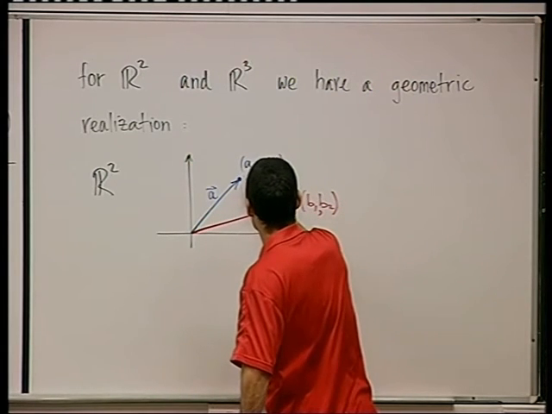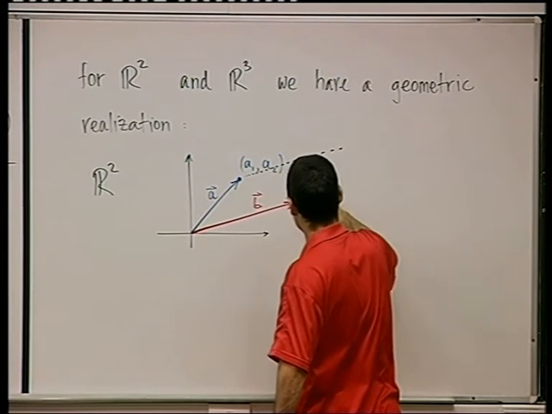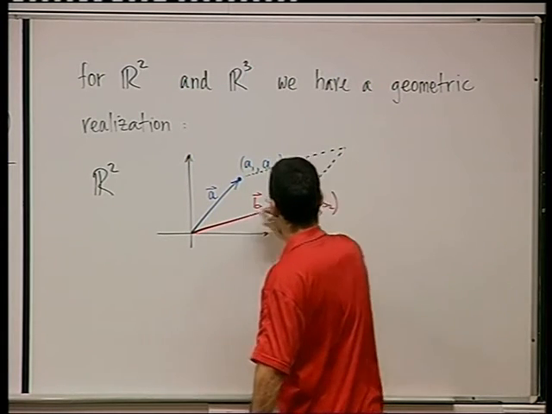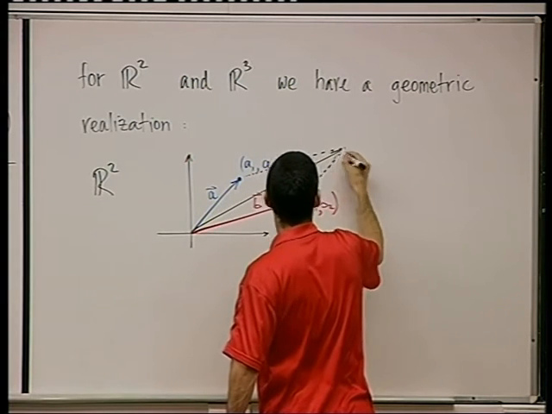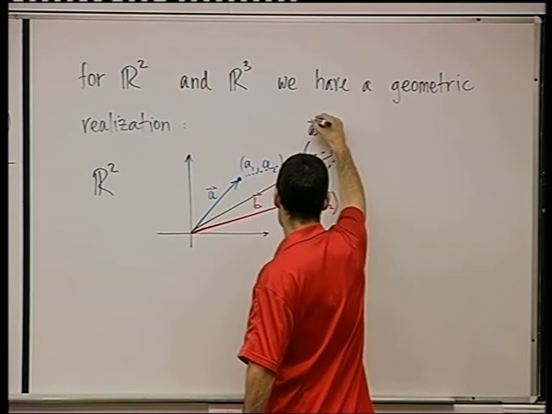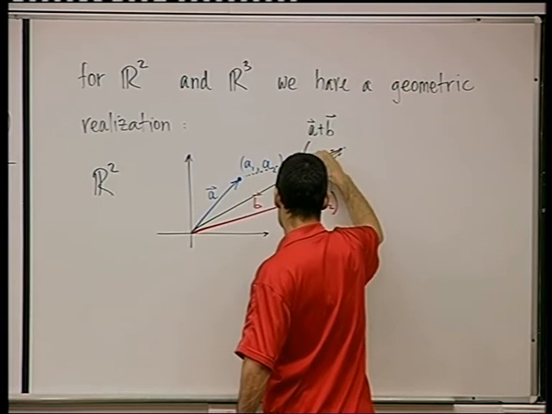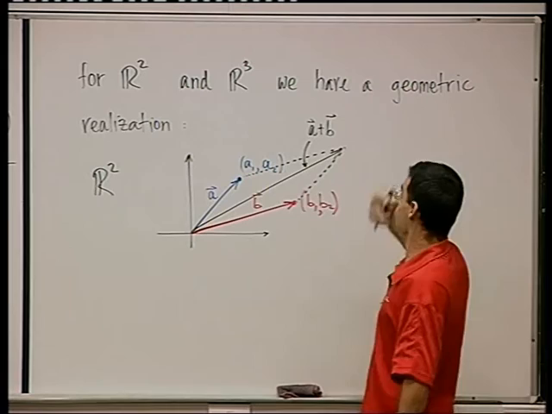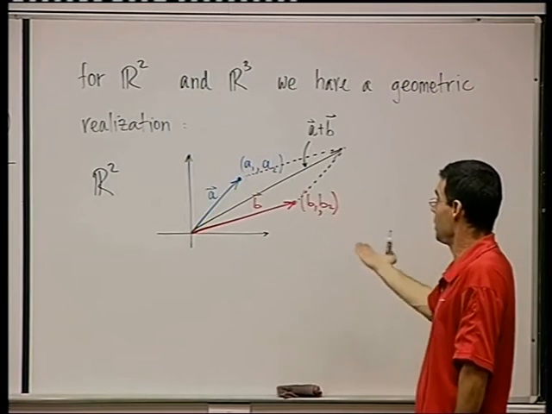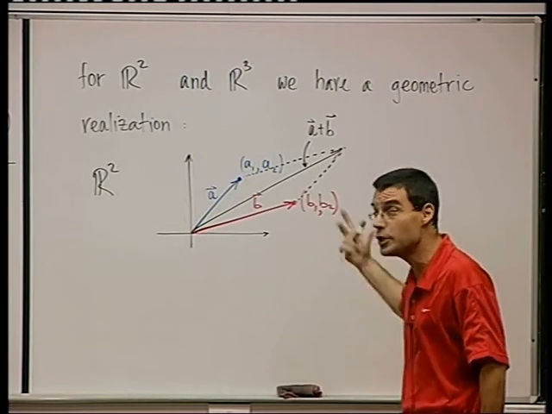We get the diagonal of the parallelogram, right? We would get this vector here in black. This would be A plus B, right? So even the addition has a geometric interpretation that we can visualize, we can see.